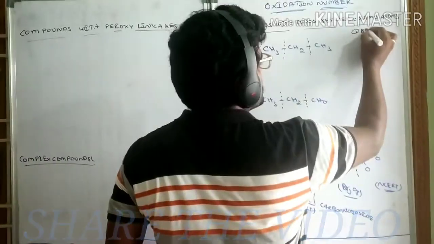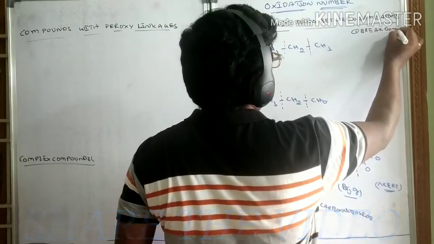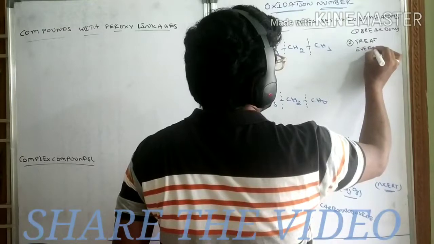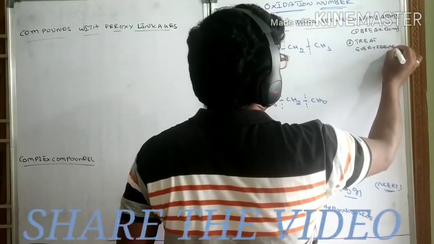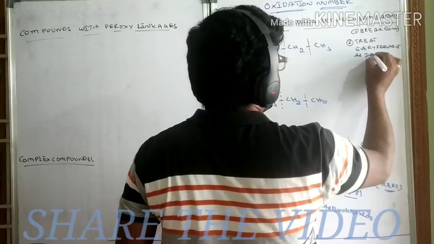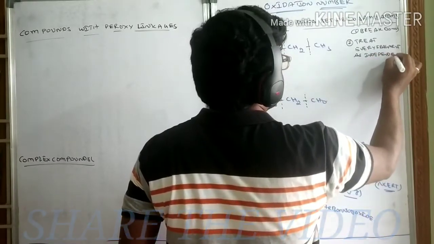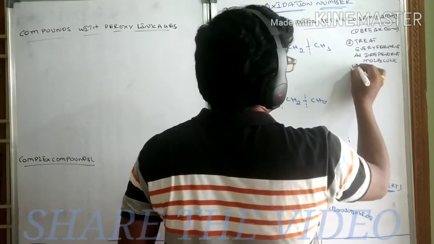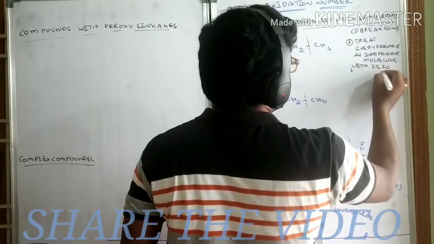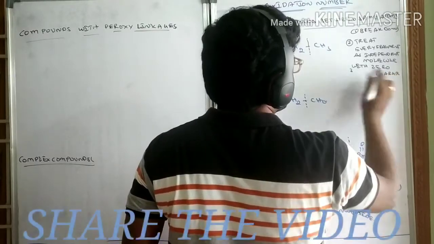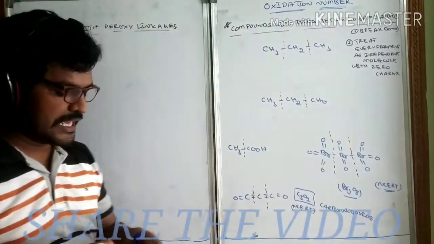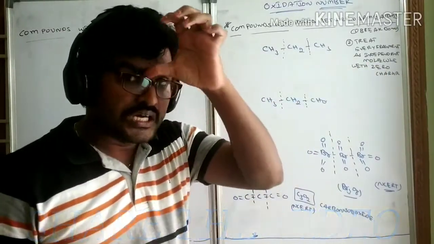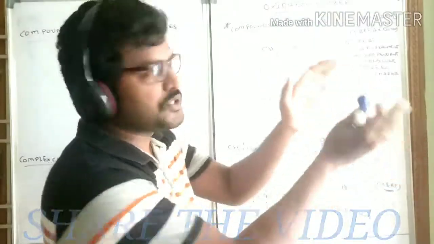The first one is break the bond. The second one is treat every fragment as an independent molecule with zero charge, and by using the traditional procedure identify the oxidation state.